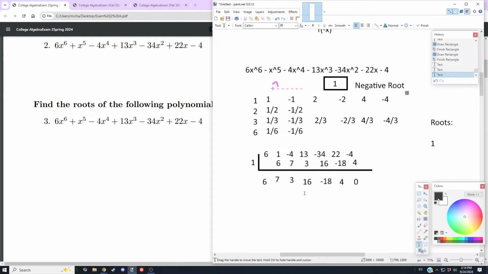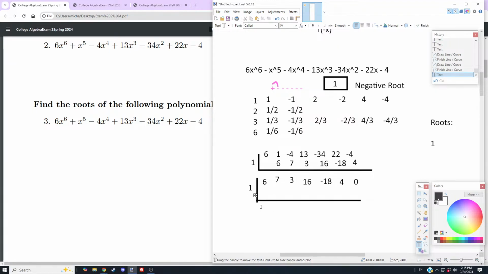Okay, so let's go on to the next round of synthetic division. I'm going to check to see if 1 is a double root by plugging it in again and doing the same process.